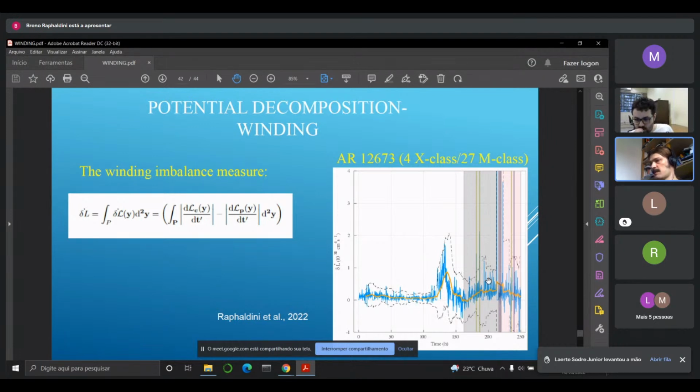We see the same pattern for every active region that presents an X-class flare. But in terms of M-class flares, the thing gets a bit more messy. It's not so clear. But I think there's at least a strong indication that this type of analysis can help us predict at least the most intense ones.